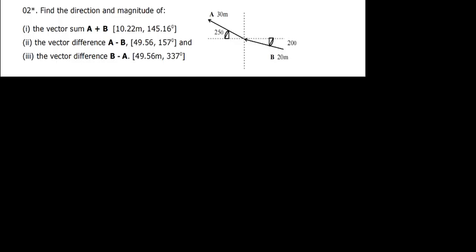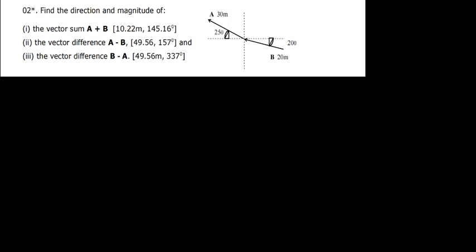This question is very interesting. I think I saw someone asking about this question in the study group about a plus b, a minus b, and b minus a, something like this. So the question is to find the direction and magnitude of, we have been given everything here. We have been given a free body diagram already on the xy plane.